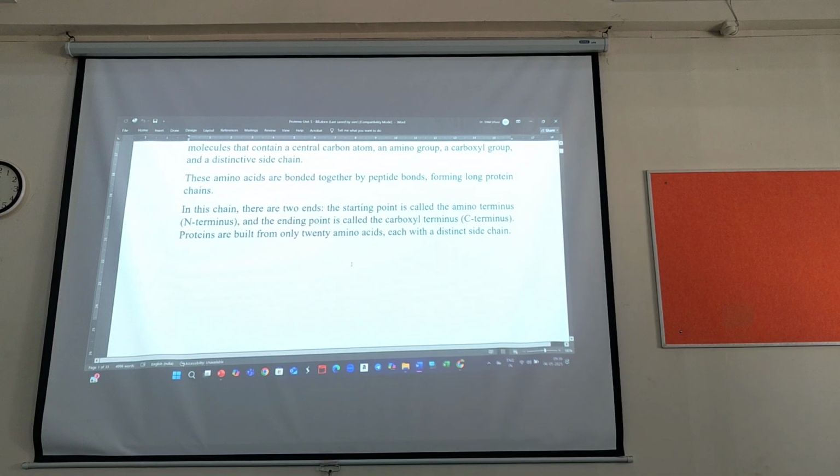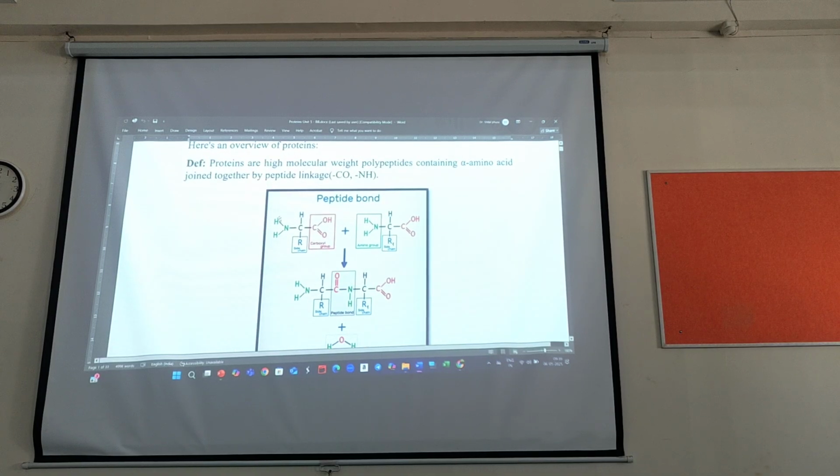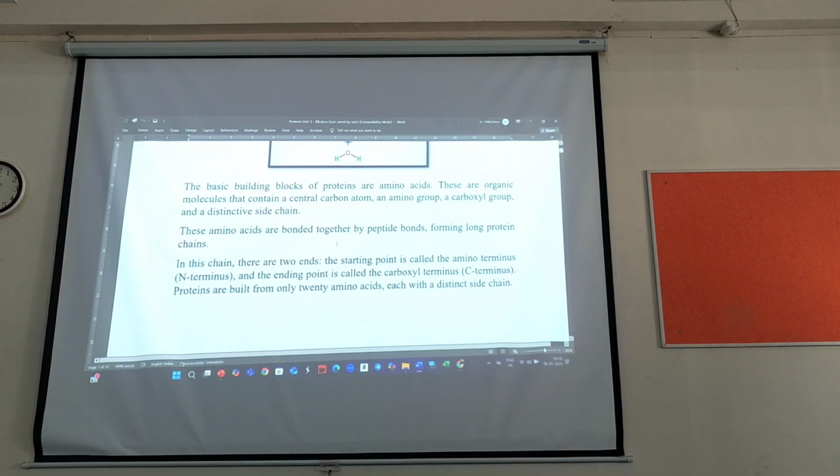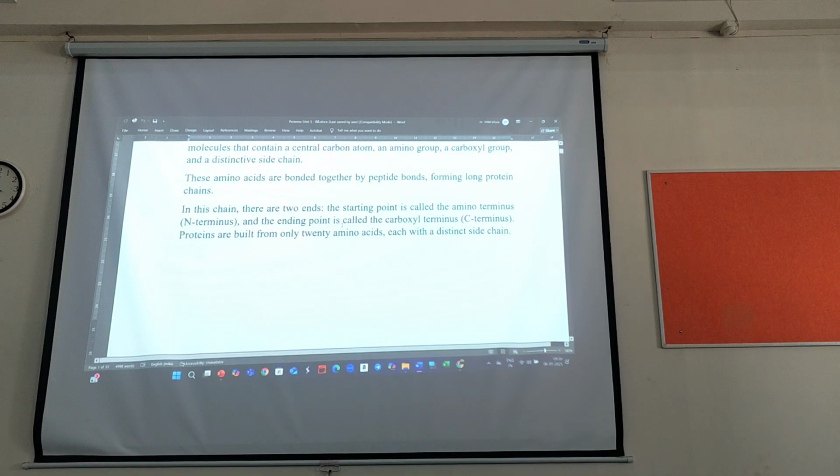In this chain there are two ends: the starting point is called the amino terminus, and the ending point is called the carboxyl terminus, the C terminus.